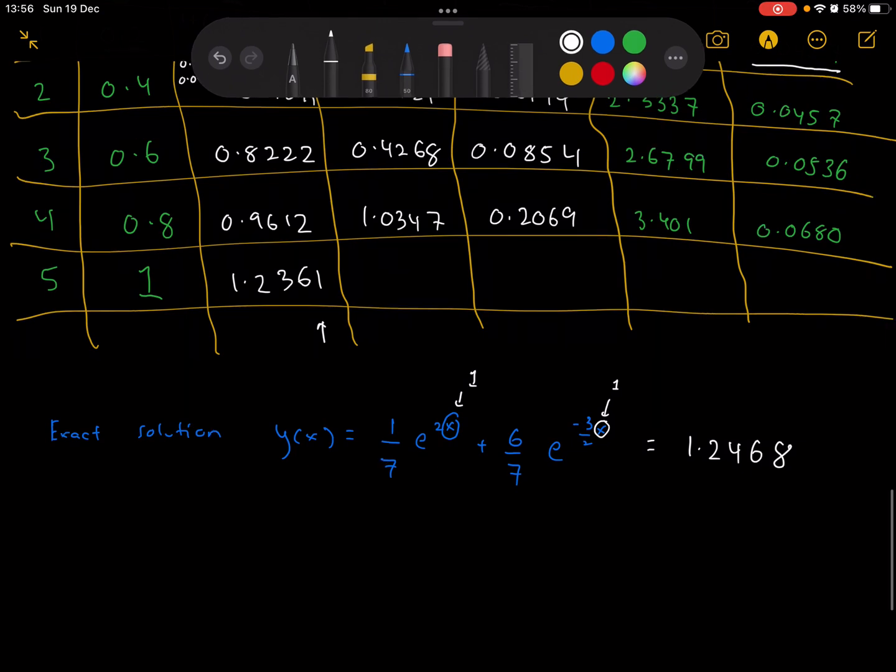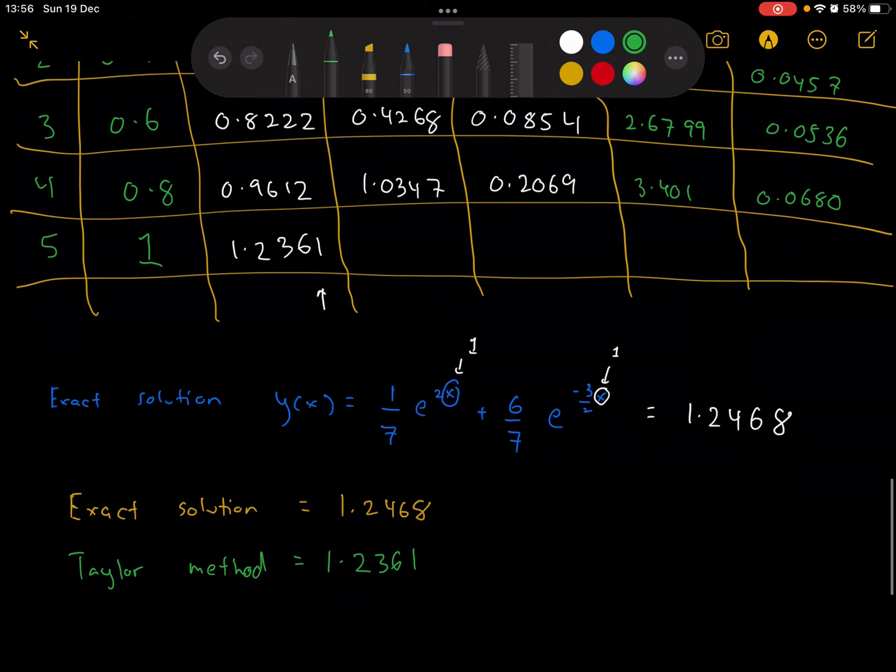Now let's analyze a few things. So from the exact solution, the value is 1.2468. From Taylor's method, I'll get the value of 1.2361.